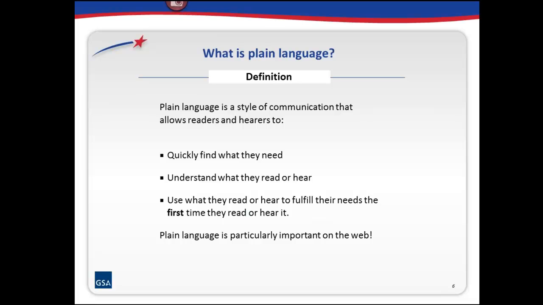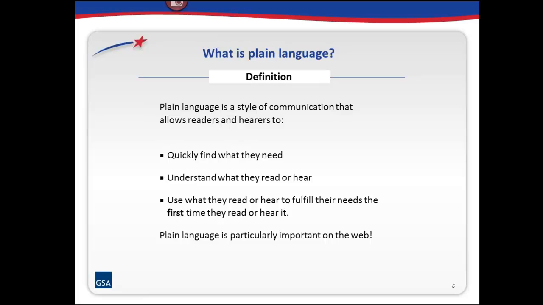What I'm going to talk about now is what is plain language. There's a lot of debate about it and some working definitions, but the most consistent definition that we've found internationally as well as nationally is that plain language is a style of communication that allows readers and hearers to quickly find what they need, understand what they read or hear, and use what they read or hear to fulfill their needs the first time they read or hear it.